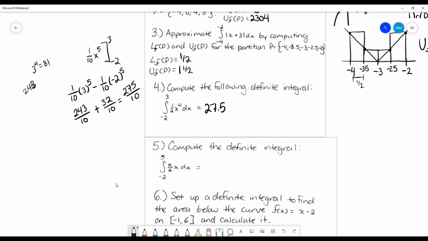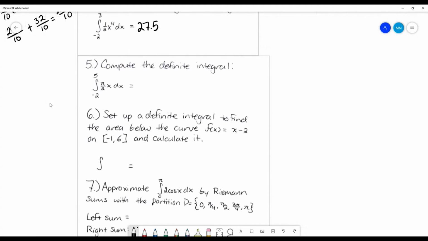Okay, this next one is a similar deal. So we've got pi over 2 x, and of course pi is a constant, so it doesn't really affect our integral in any way. We just undo that power rule again. So this is an x to the 1st. Undoing that, I'm going to get x squared, and then that. So I'm going to have that pi over 2 times that new 1/2 there. So we get pi over 4 x squared is our integral.